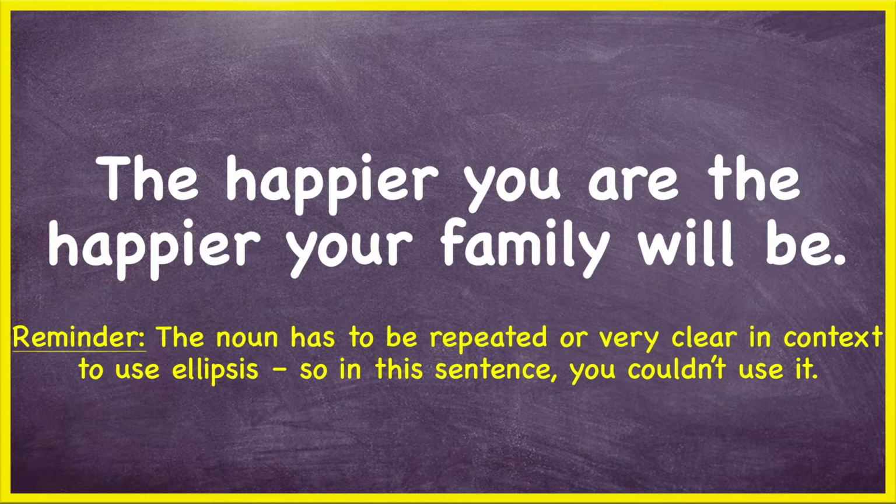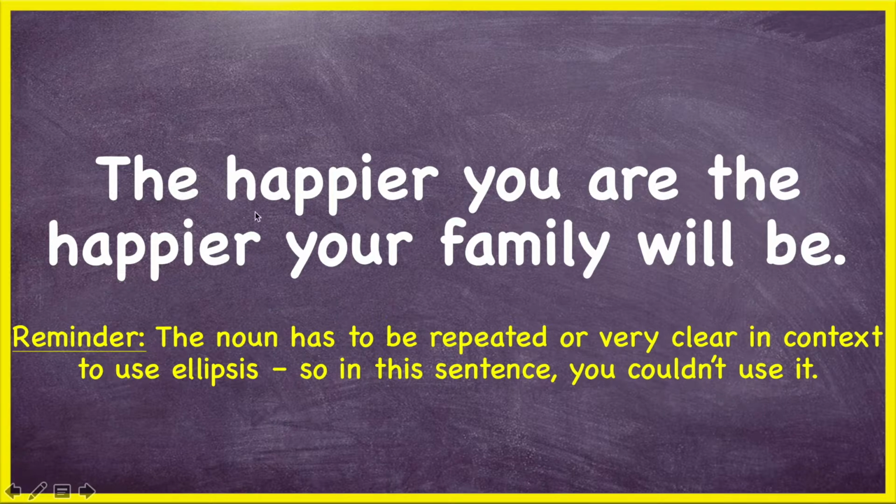And the next one is the happier you are, the happier your family will be. Now, this is noteworthy because we are not deleting any nouns here. Why are we not deleting any nouns here? Because, this is a reminder, the noun has to be repeated or very clear in context to use ellipsis. So in this sentence, you couldn't use it because let's experiment.